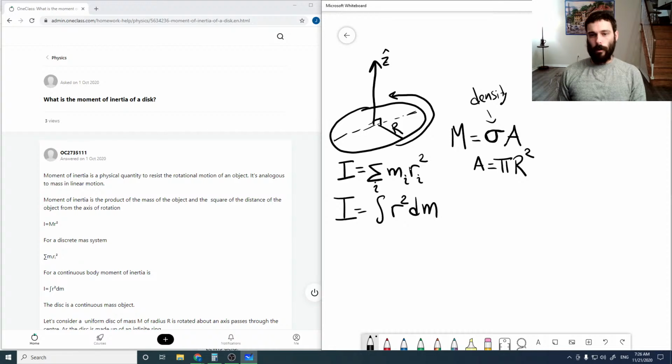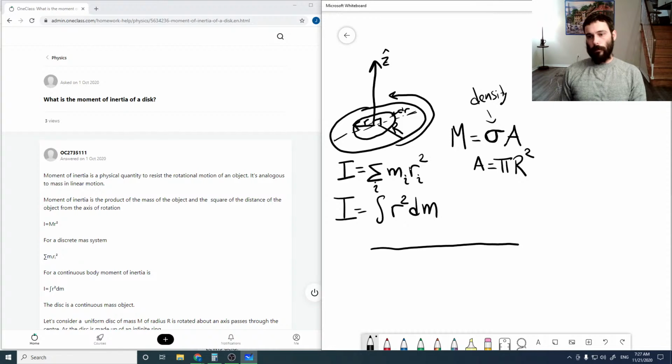Okay, so now to solve for our moment of inertia, we need to identify a piece of the disk that we're going to be integrating over, or our form of integration here. So if we consider a small ring at some distance r from the center, and the width of this ring is dr, then the easiest way to visualize this is not actually to look at the ring, but to extend the ring out.